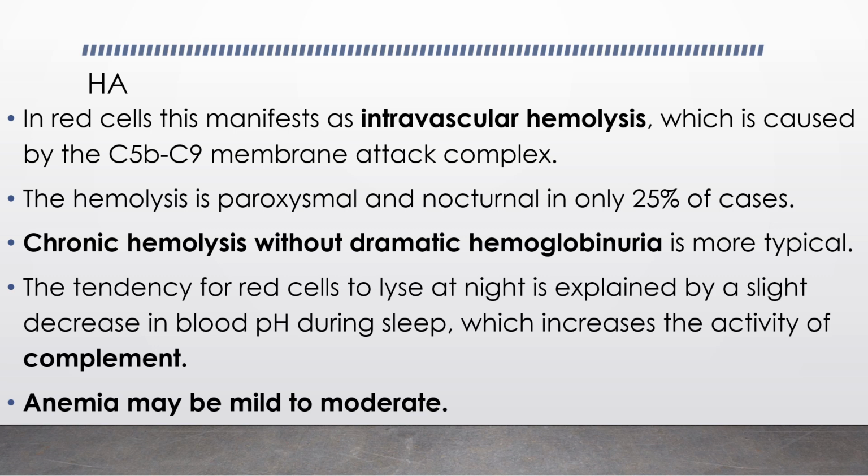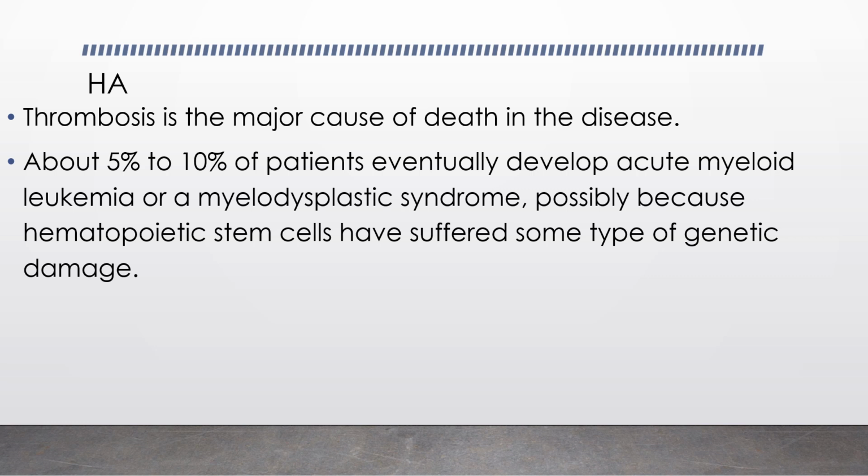Tendency for RBCs to lyse at night is explained by slight decrease in pH during sleep, which increases the activity of complement. Anemia, mild to moderate, not severe. Thrombosis, major cause of death.